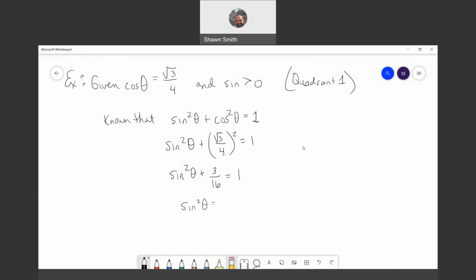Subtract off 3/16. So 1 minus 3/16, that's 16/16 minus 3/16. Sine squared of theta is equal to 13/16. That's sine squared, right? So I need to get rid of the square to solve just for sine.